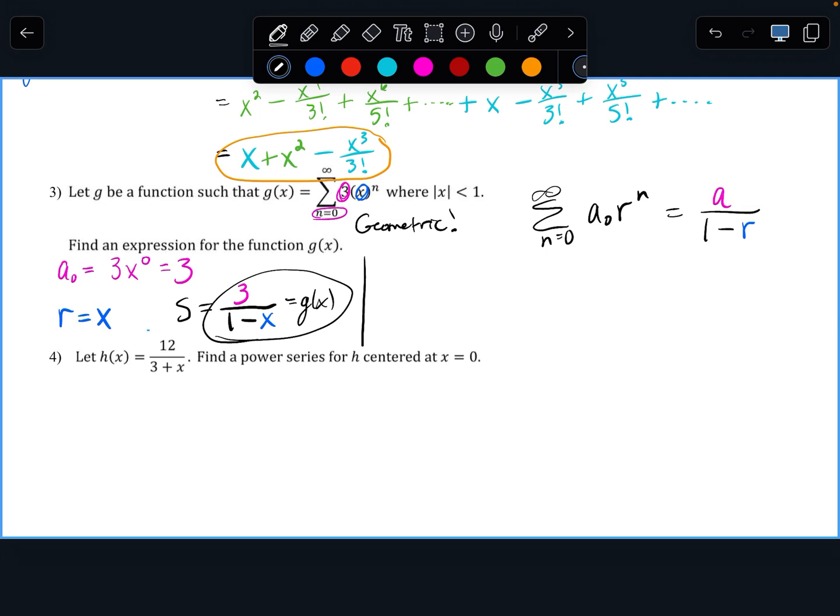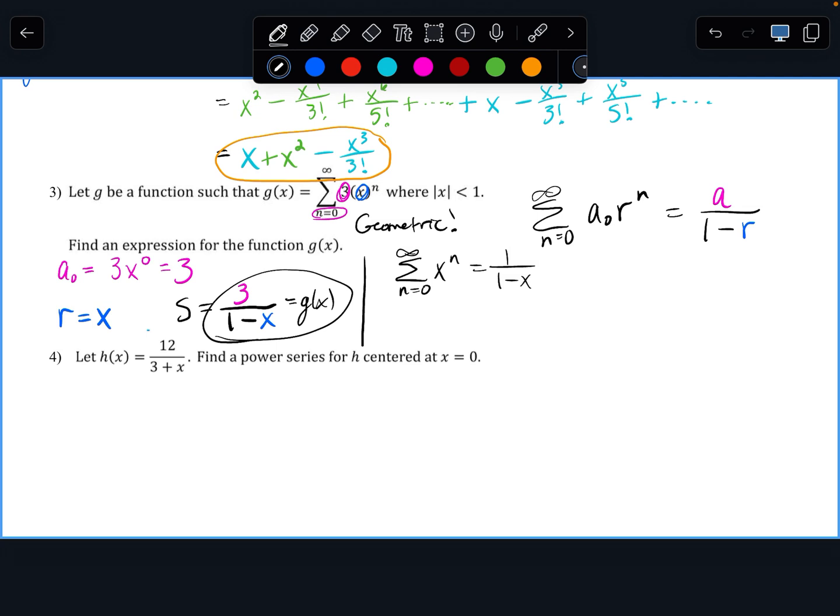The other way to do this, so this is more if unit 9 was your vibe, is to recognize the series itself, the 3x to the n, and say, hey, I know the Maclaurin series for x to the n is 1 over 1 minus x, because that's in my head from the Maclaurin.